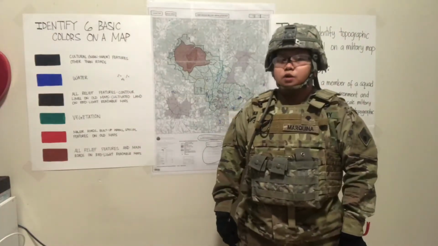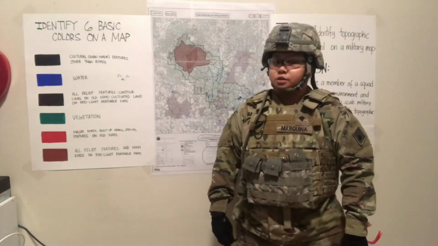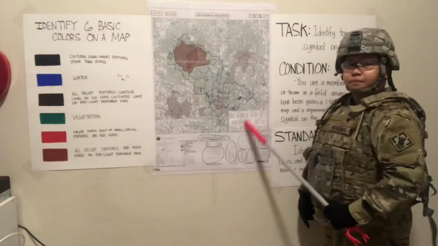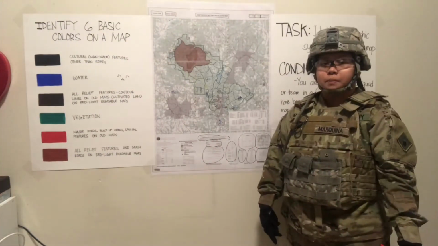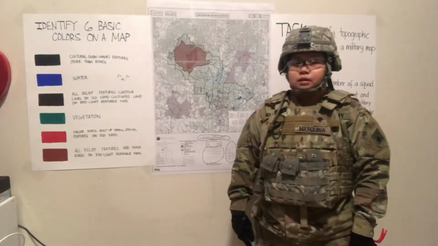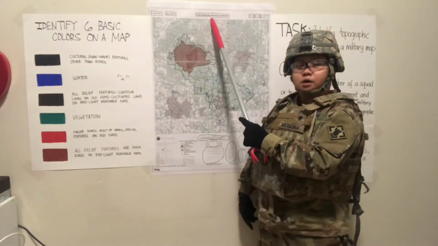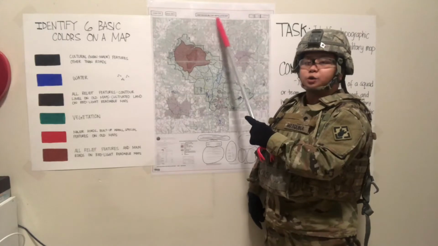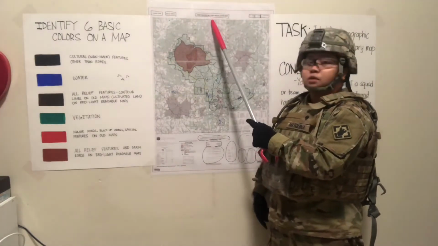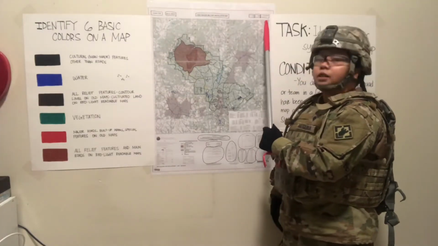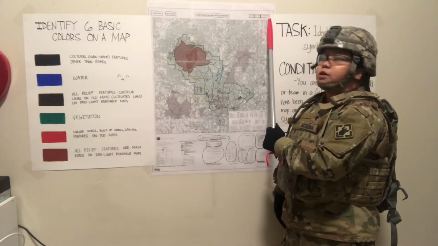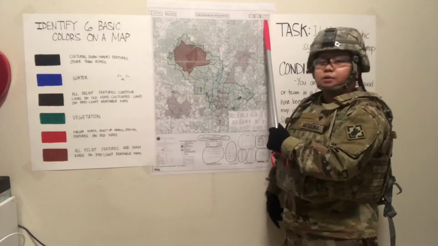We will go to our marginal information on this map. Let's start with our first one. Upper middle corner, you have your sheet name. On your far left corner, you have your sheet number.